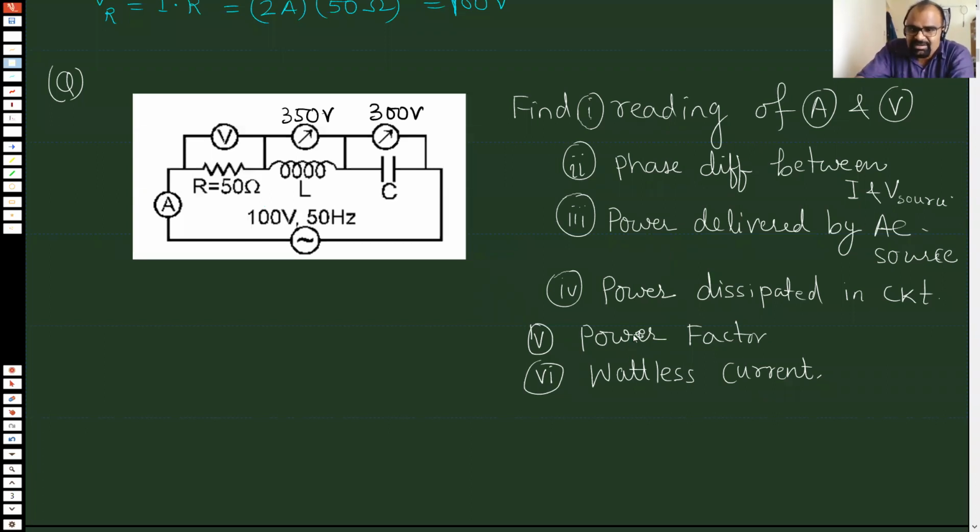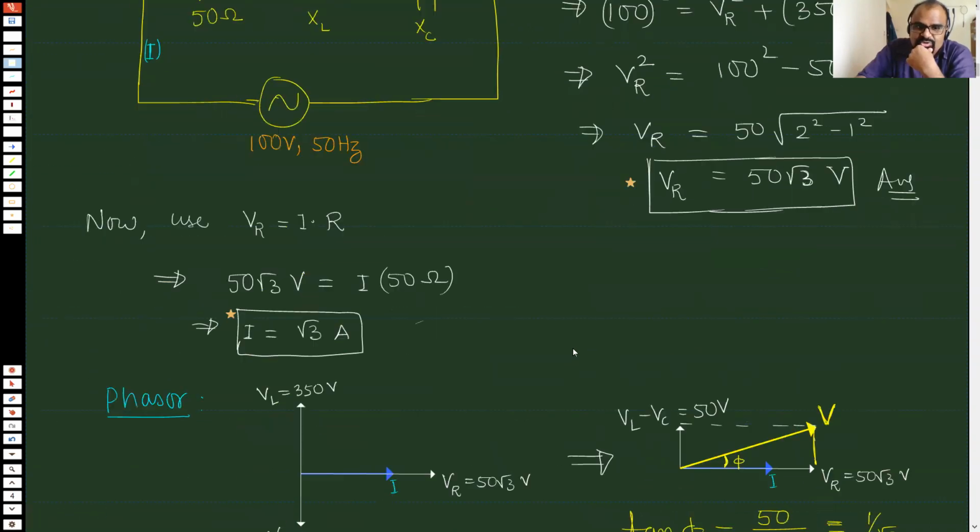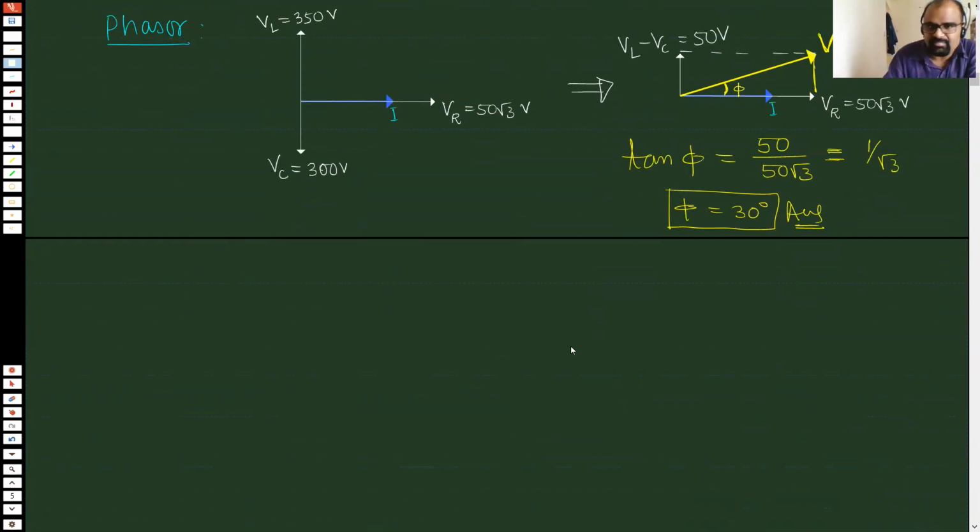Then power factor. Yesterday I explained what power factor is. It is the cos phi factor. And wattless current also I explained yesterday. So let's do this now. Now we are finding power delivered.